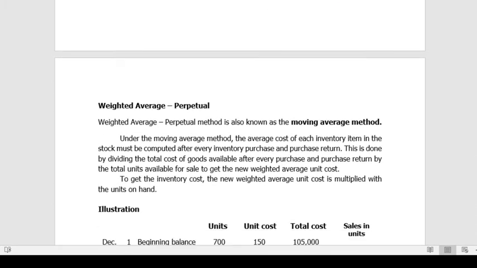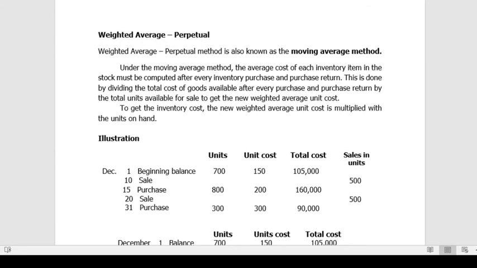Next, weighted average, the perpetual method. So, ito ay tinatawag din the moving average method. So, what is the difference between the two? Under the moving average method, each time na magkakaroon ng sale or purchase ay kinocompute natin yung items. Normally, kapag mapapansin mo when you are computing, kapag nagbenta ka, walang effect yan sa iyong unit cost.